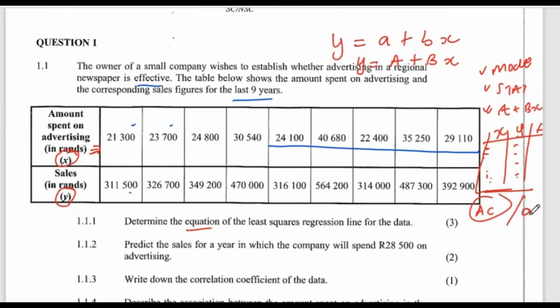If not, you must use the ON button, just to clear whatever is in the calculator. Then we press Shift and 1, and choose the relevant item we're looking for. In that case, we start by looking for the value of A, and then the value of B, and rewrite our equation.